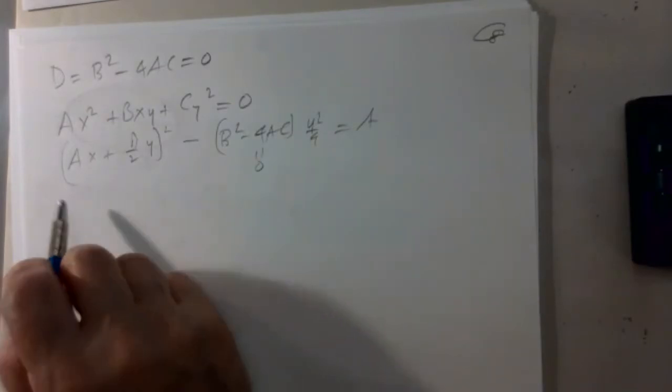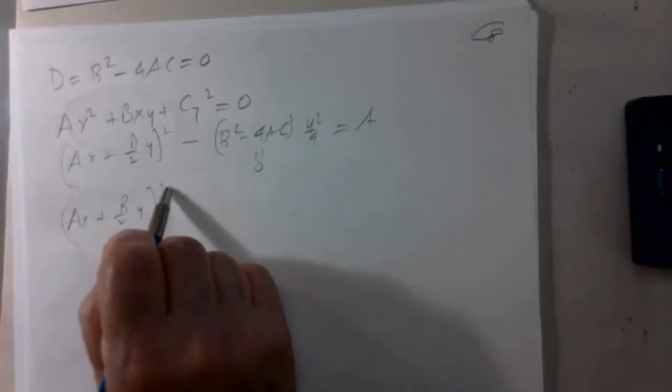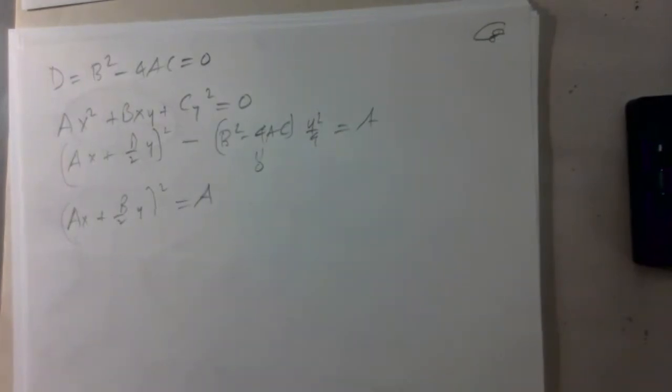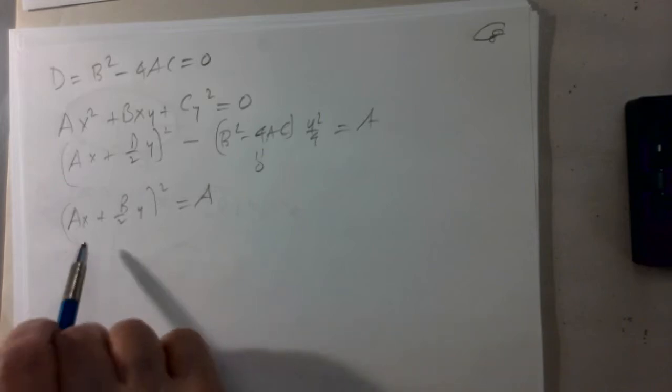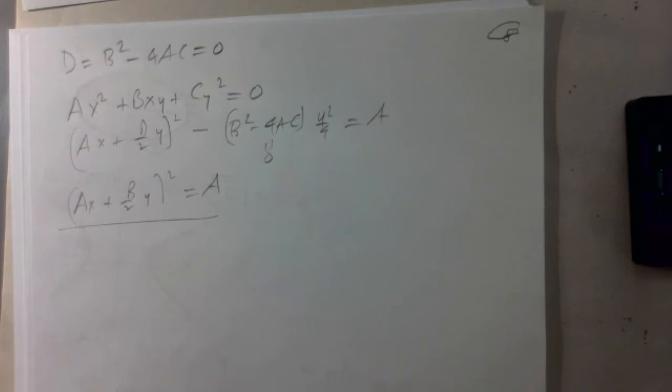So this is (ax plus b over 2 y) all squared equals a. I want to show that I get a parabola, but somehow I'm stuck. So why is this?